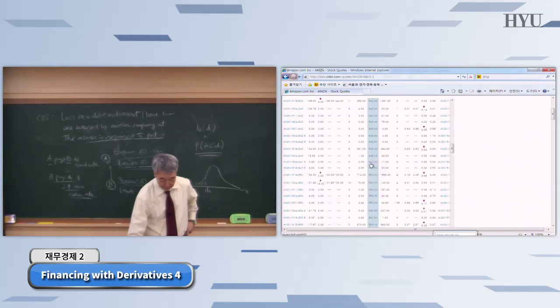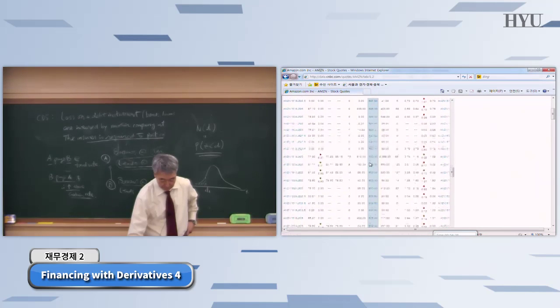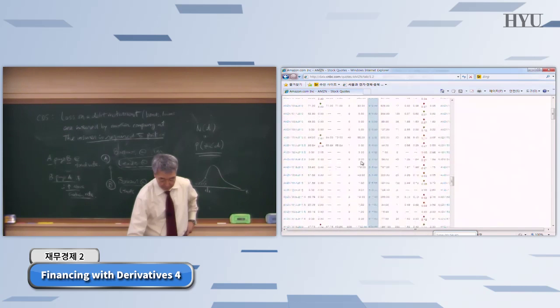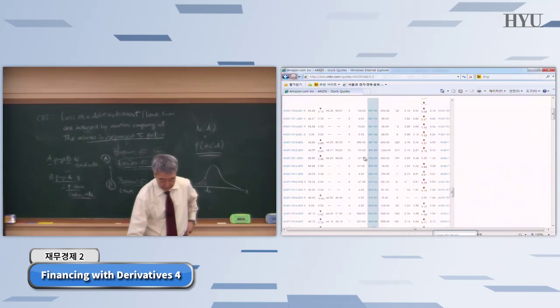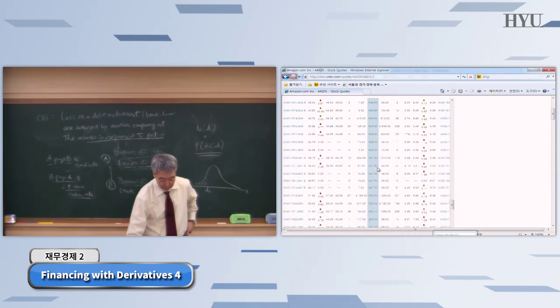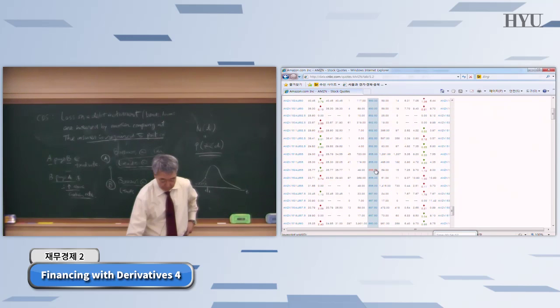If you go down to around 600, you start seeing the action, actual trades. Okay, and 600. Yeah, you'll see a lot more action here, close to 600, the current stock price. Okay, that's the story.